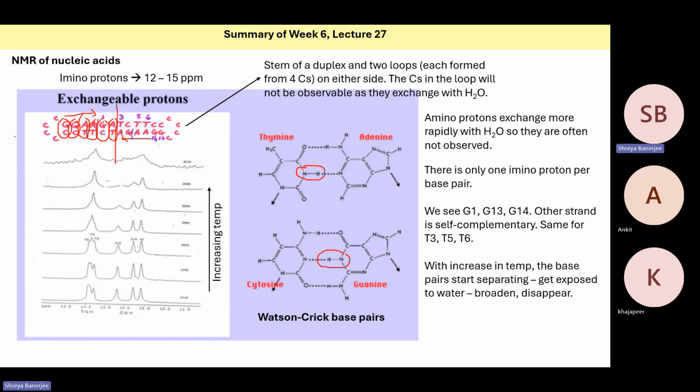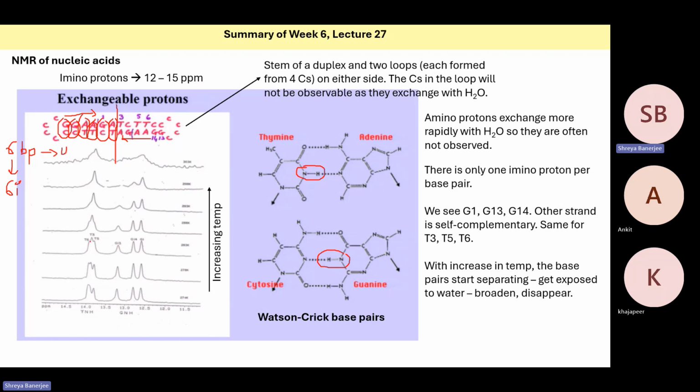So there are only 6 base pairs that are unique. These are unique. So you will see 6 iminoprotons. There should be 6 peaks in the iminoproton region.